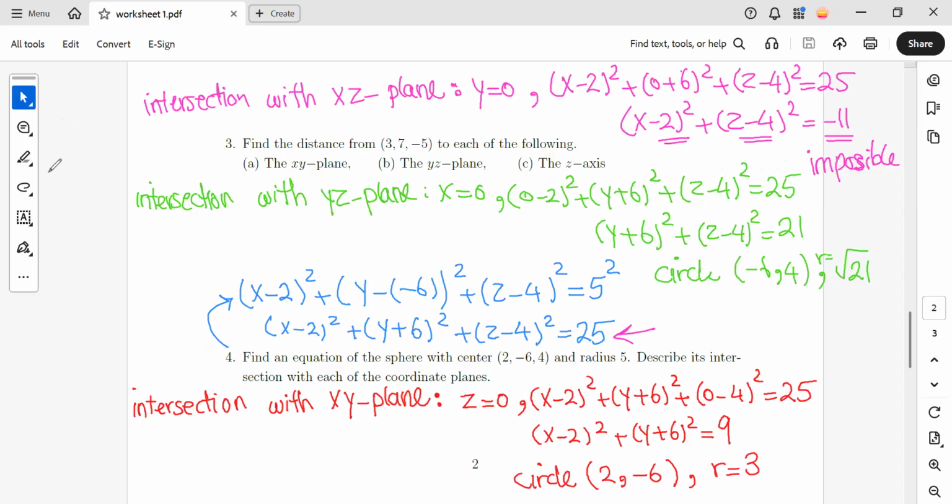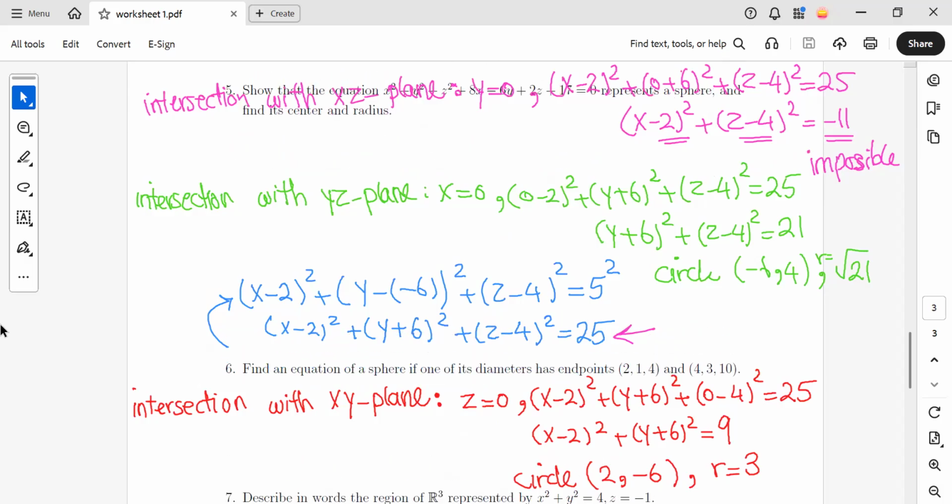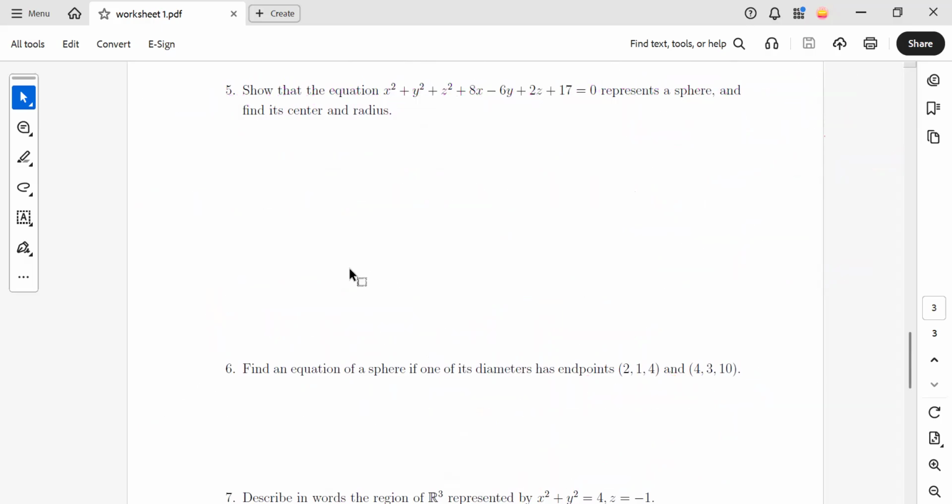Let's do number 5. Number 5 is saying: show that the equation represents a sphere and find its center and radius. It's all about algebra. We know what a sphere formula looks like.